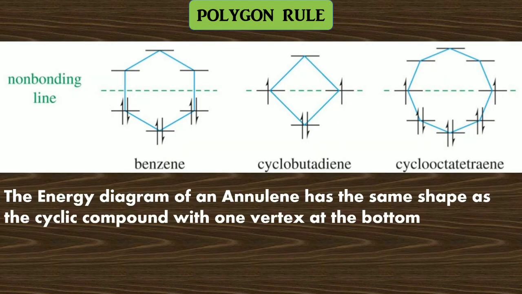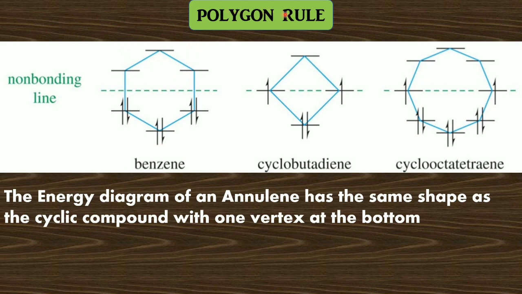Polygon rule. This polygon rule, just like the Frost procedure, also speaks about how to arrange the pi molecular orbitals in the increasing order of their energy.